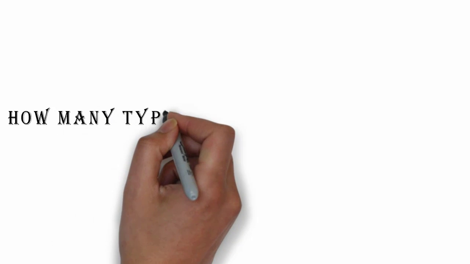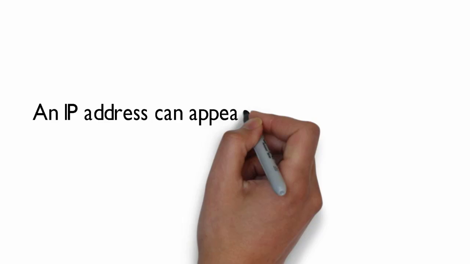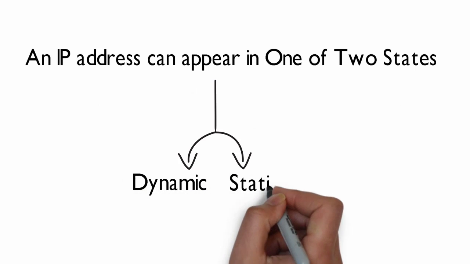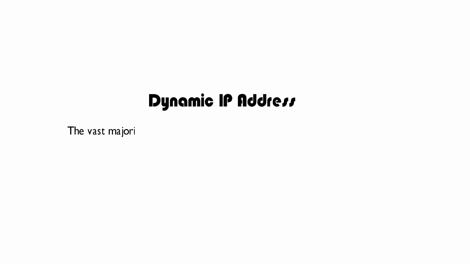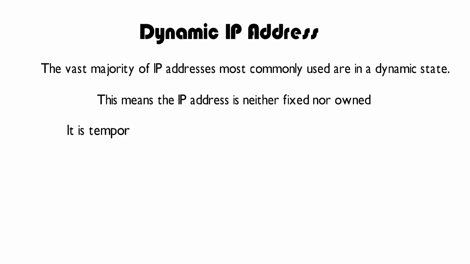Okay, how many states can an IP address be in? An IP address can appear in one of two states, dynamic or static. What is a dynamic IP address? The vast majority of IP addresses most commonly used are in a dynamic state. This means the IP address is neither fixed nor owned.